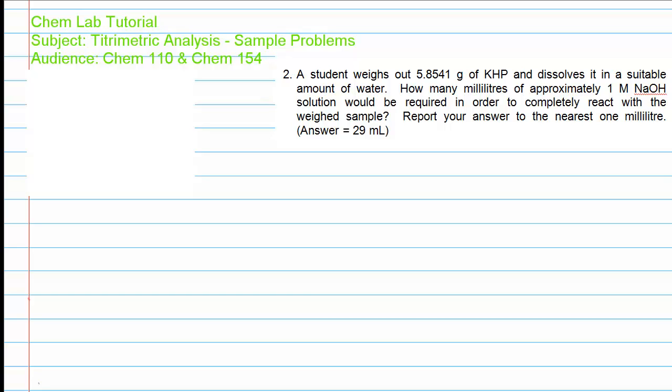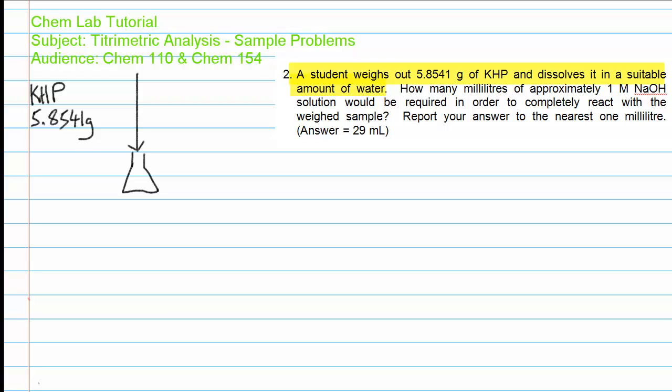Now what's happening here is we accurately weigh a sample of a primary standard acid, potassium hydrogen phthalate, and it's transferred quantitatively into an Erlenmeyer flask along with water and dissolved in that water. The primary standard acid solution is then titrated with the approximately 1 mole per litre sodium hydroxide solution to the endpoint.